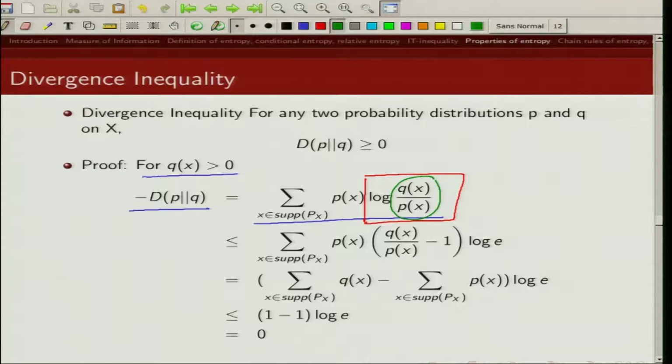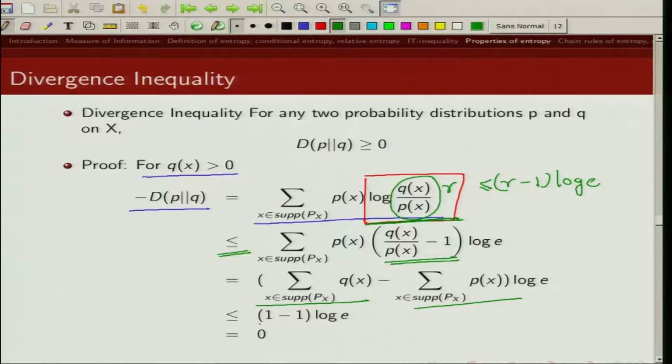Think of this as my R. So I have log of R. Now log of R is less than or equal to R minus 1 times log of E. So this particular term is less than or equal to R minus 1 log of E. Now simplifying, this is Px multiplied by Qx by Px, so I will get summation over Qx, and here I will get summation over Px.